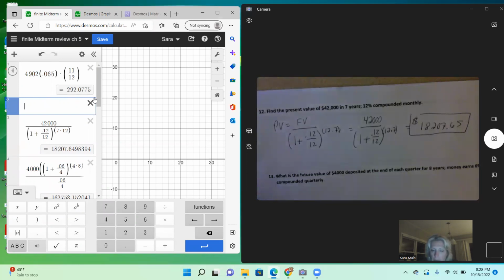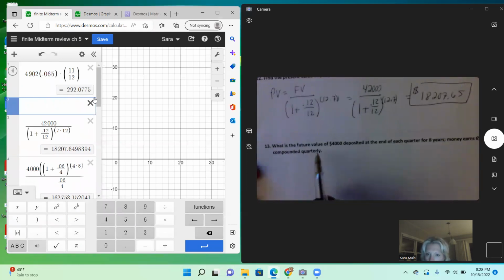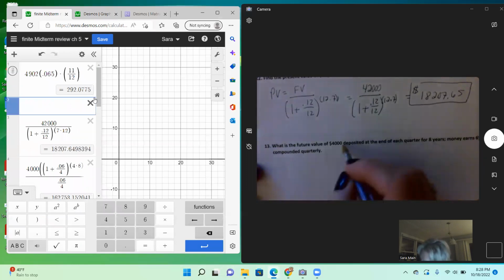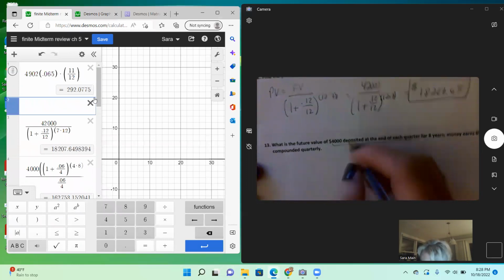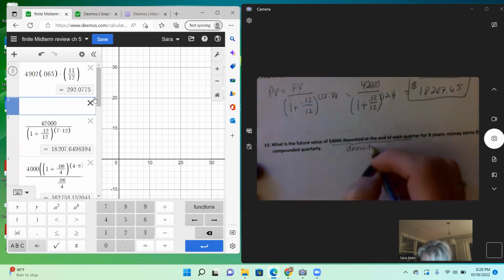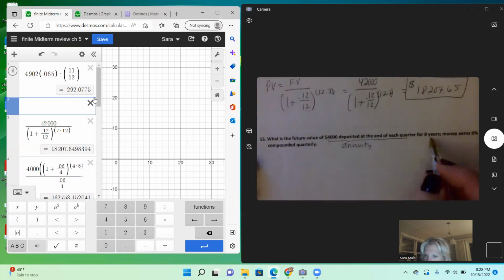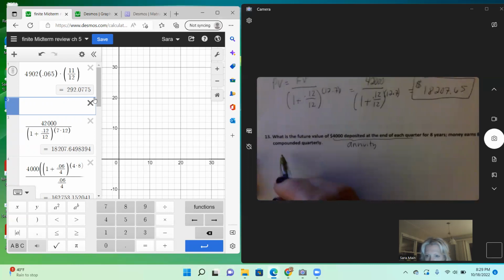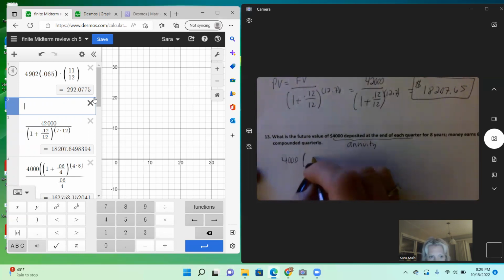So let's see, over here, number 13. What is the future value of $4,000 deposited at the end of each quarter? So this is an annuity because we're making deposits at the end of each quarter for 8 years. Money earns 6% compounding quarterly. Okay, so we are going to put in $4,000 as our payment. And we have 1 plus our rate divided by 4 because we're compounding quarterly.